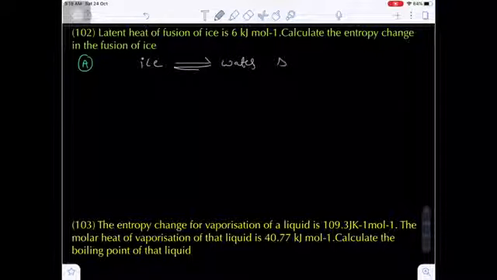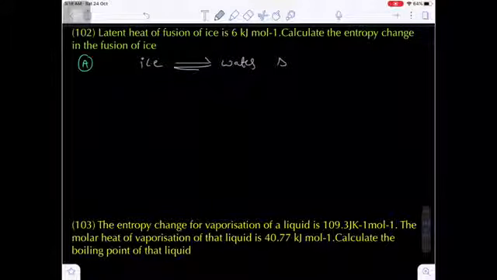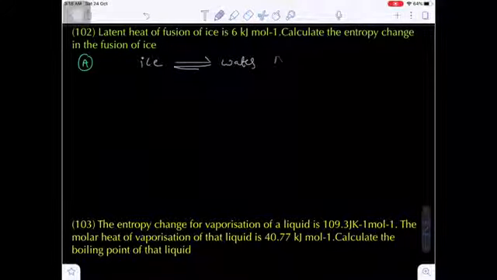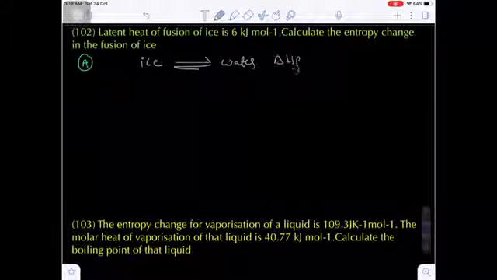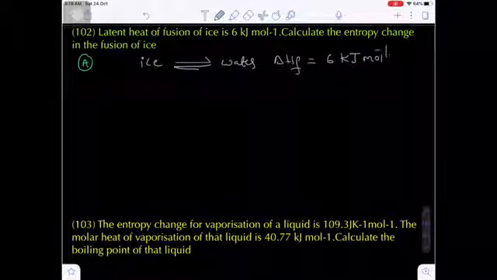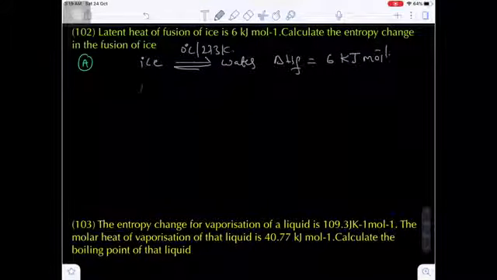Actually this is not latent heat of fusion, latent heat of fusion is corresponding to per gram. This is enthalpy of fusion, that will be 6 kilojoule per mole. What is the temperature here? 0 degrees Celsius, otherwise 273 Kelvin.